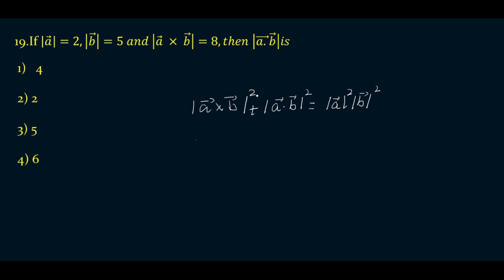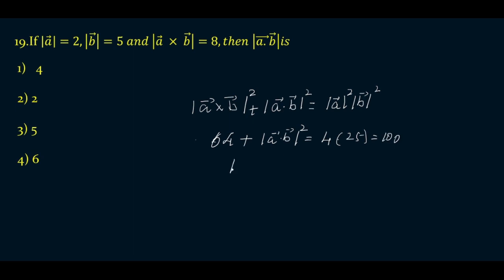Here a cross b whole square means 8, 8 squared means 64, plus magnitude of vector a dot vector b whole square is equal to a square, which means 4, and b square means 25. Its value is equal to 4 into 25, which is 100.